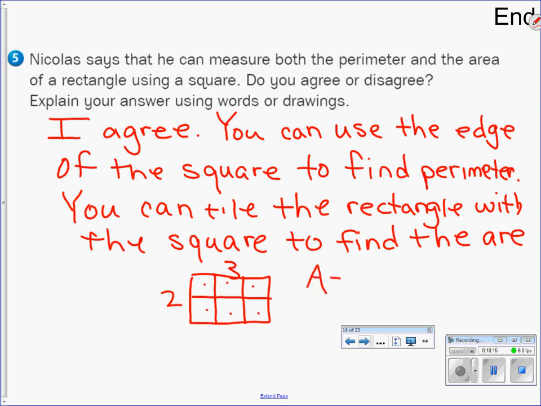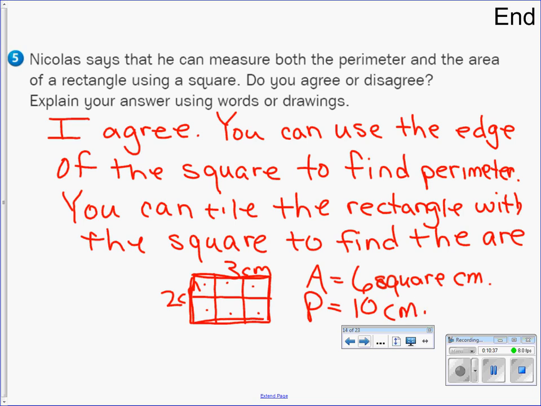So my area would be 6, and say this is centimeters. And remember, area we square. And the perimeter would be equal to 2 plus 3 is 5, and 2 plus 3 is 5, so it would be 10 centimeters. All right, that completes our first lesson on area and perimeter.